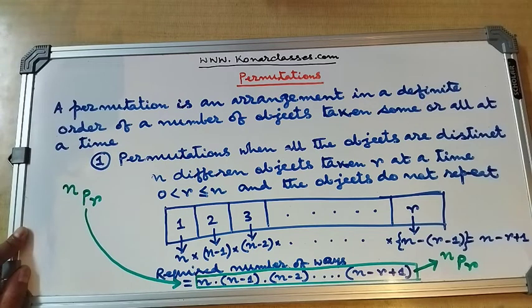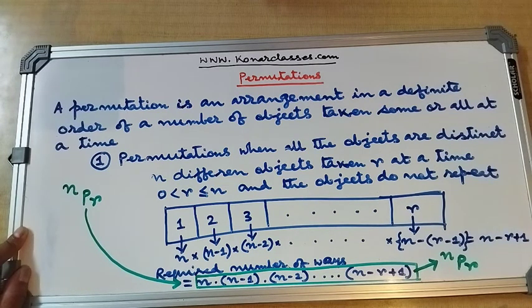Now, dear students, as I said a minute back, this expression is cumbersome, and hence we need to take assistance from a notation so that we can express it in a simple manner, and that notation is called factorial.